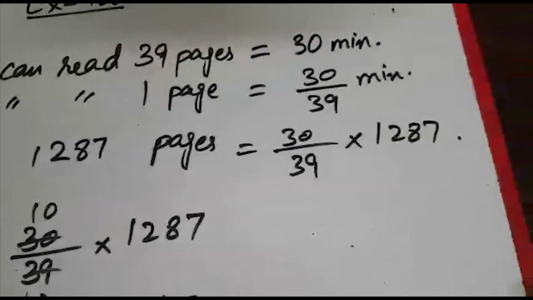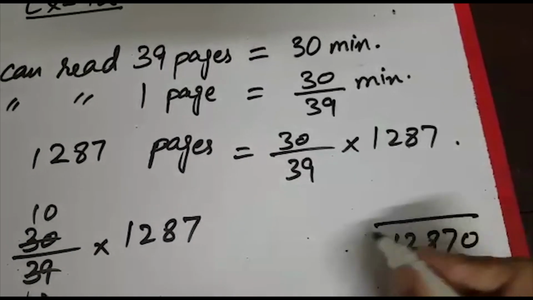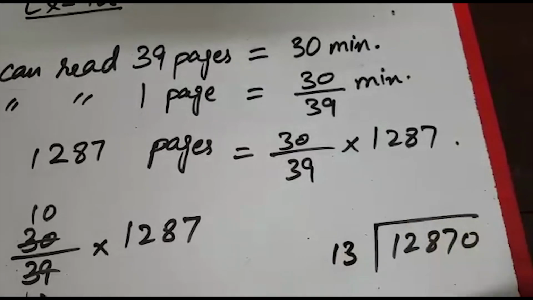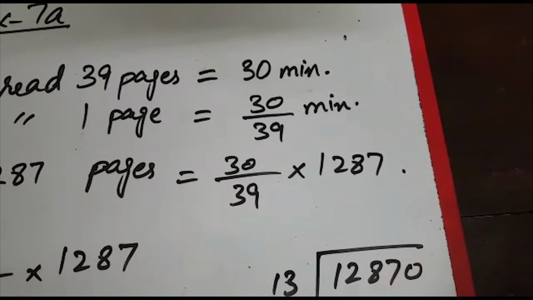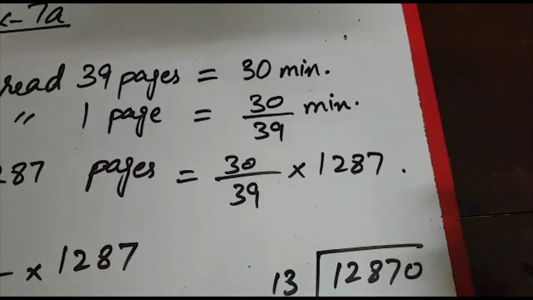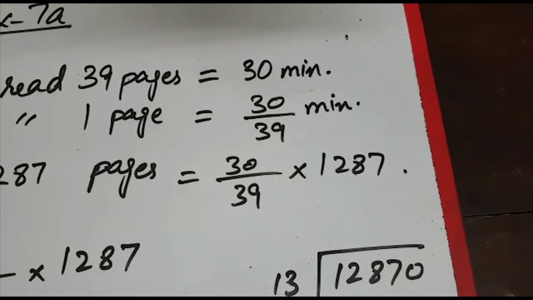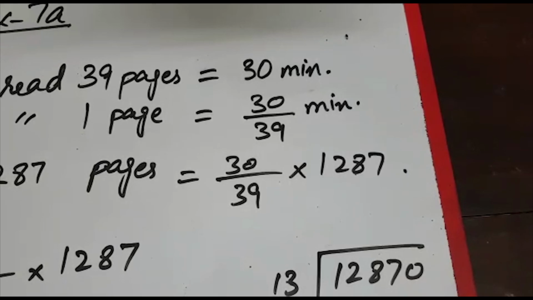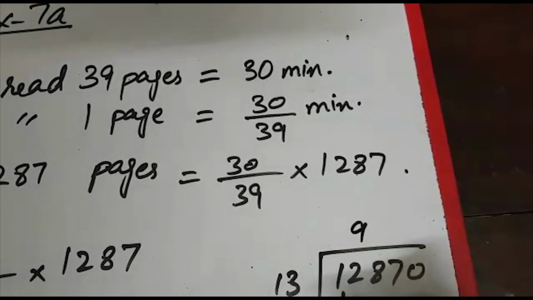So do the division. 12870 divided by 13. So solve. Thirteen nines are 117. So do the subtraction.